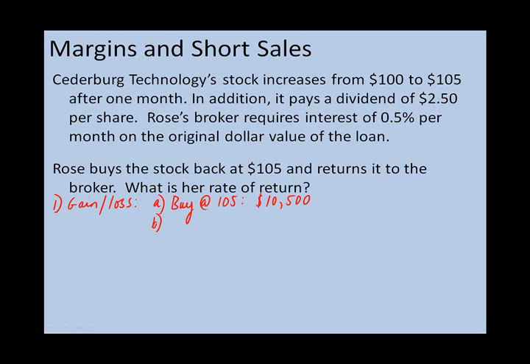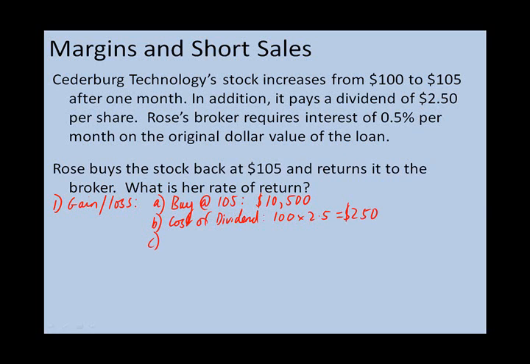She also has to consider the cost of the dividend, because while Rose had borrowed the stocks from the broker, Cederberg paid out a dividend of $2.50 per share. Because Rose borrowed the shares from the brokerage, she also has to pay them the dividend that they would have received. So she's going to have to pay 100 times $2.50, which is $250.